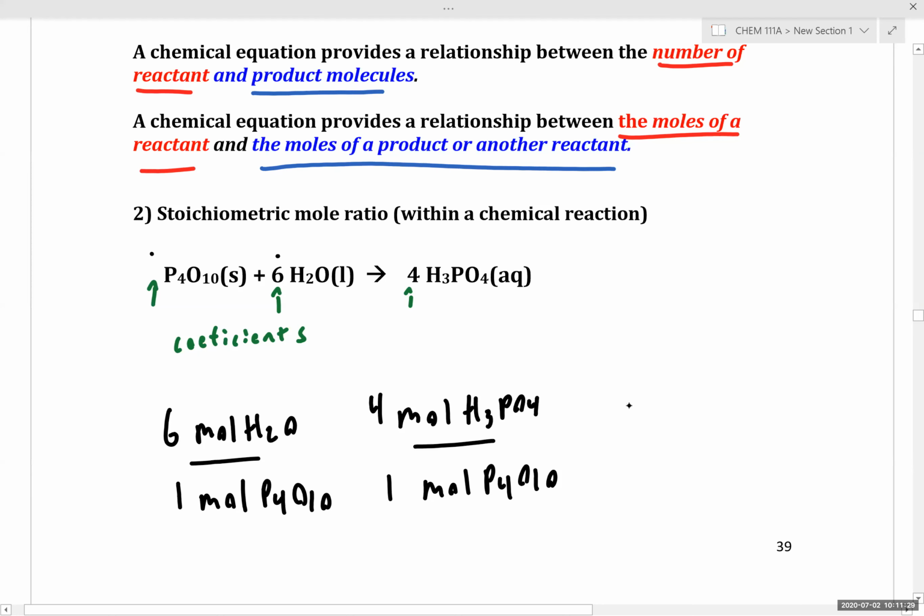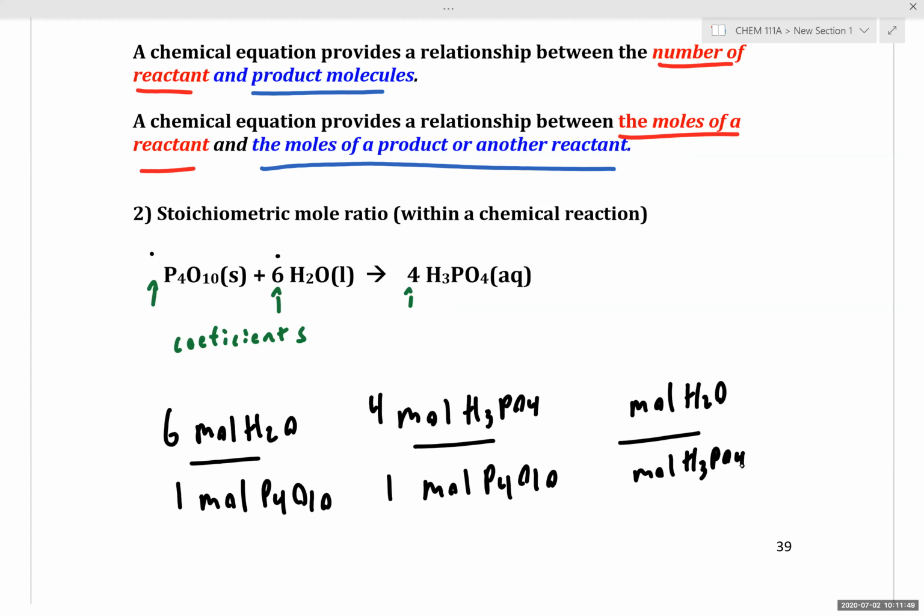Now let's do one more, and let's ask how many moles of water are required to generate a certain number of moles of phosphoric acid. What is our mole-to-mole ratio of water to phosphoric acid? 6 to 4. Yep, 6 to 4. Wonderful.